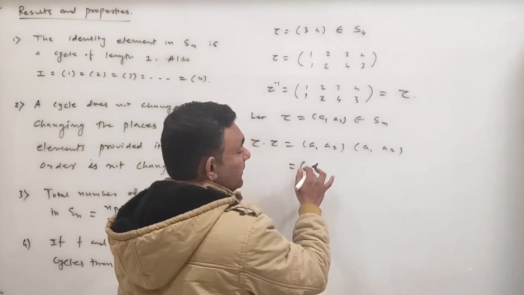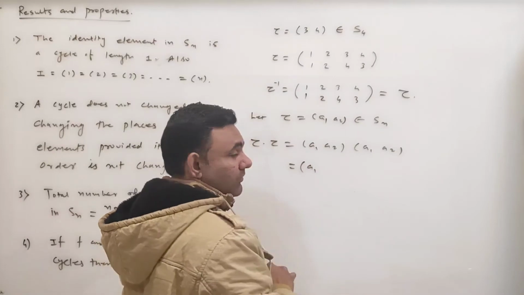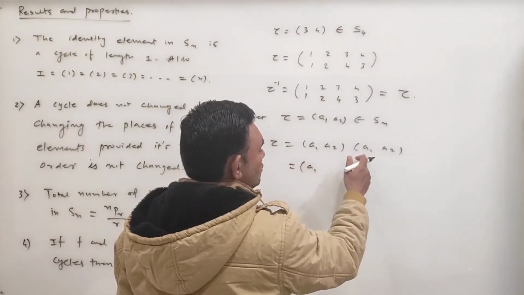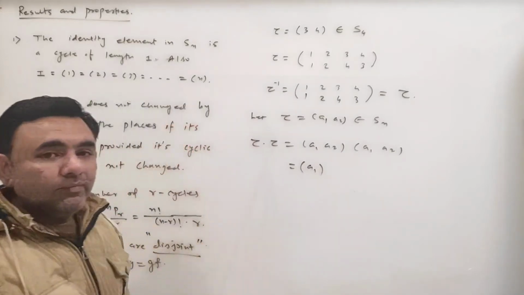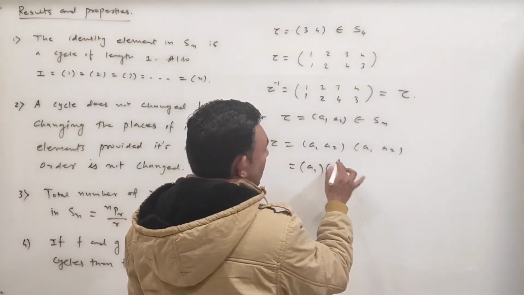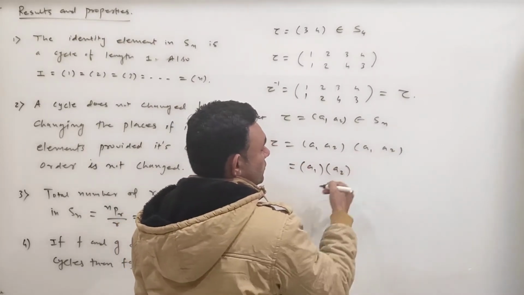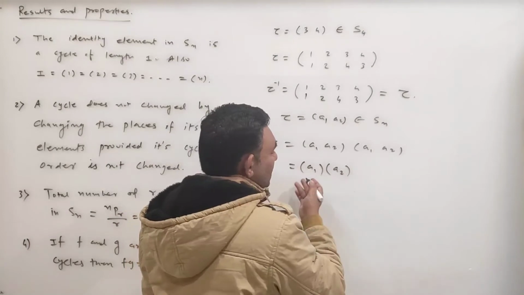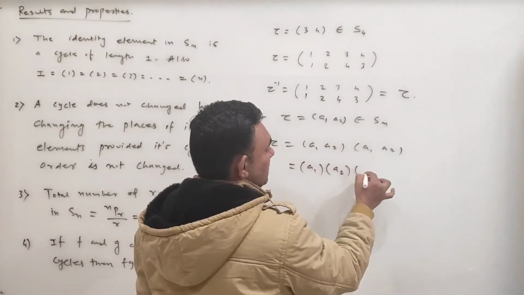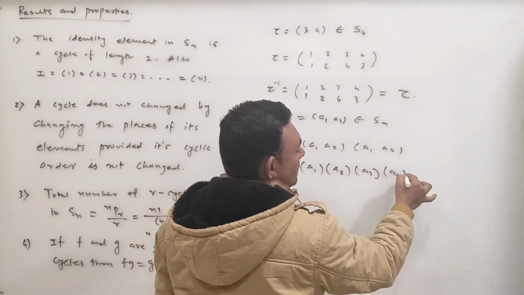Now we know how to find the product without expanding it. You start with a1. a1 goes to a2, and here a2 goes to a1. Now you start with a2. a2 goes to a1, and here a1 goes to a2. So stop. Now what about a3? a3 goes to a3, a3 goes to a3. a4 goes to a4, a4 goes to a4, and so on.